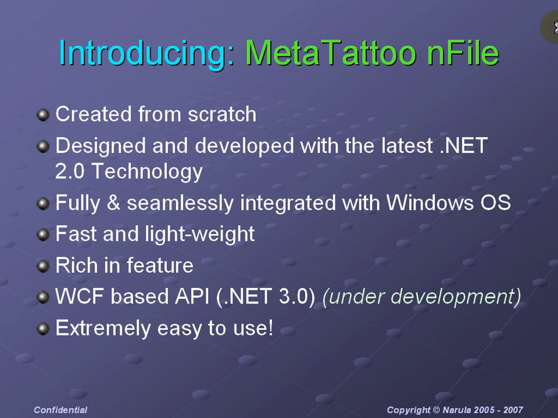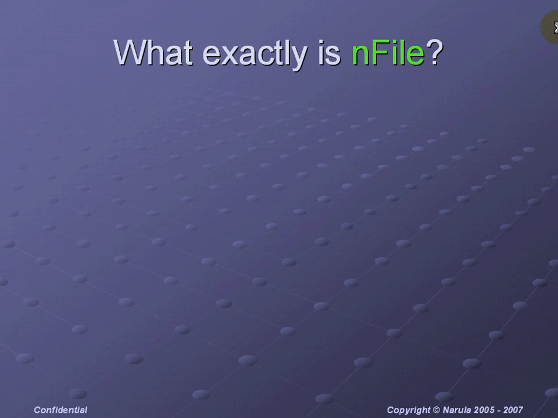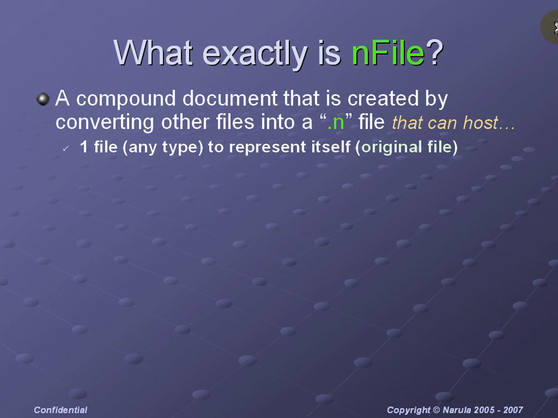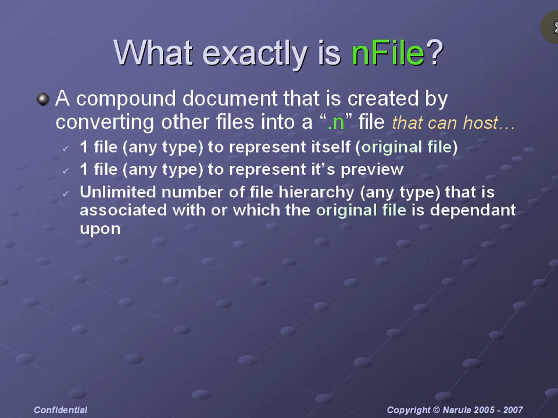So what exactly is nFile? nFile is a compound document that is created by converting other files into a .n file that can host one file, any type, to represent itself or the original file. Host one file, any type, to represent its preview. Host an unlimited number of file hierarchies of any type that are associated with or which the original file is dependent upon.